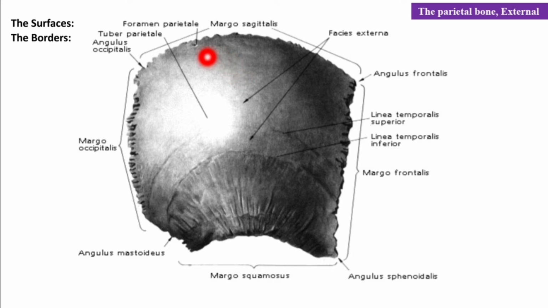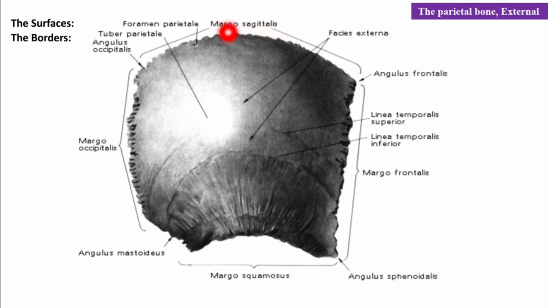This is margo sagittalis, that's where this parietal bone articulates with the other one, the left one. This one is the right parietal. I will tell you how to tell the side, because in class they will ask you to put it in an anatomic position, so I will give you a hint.